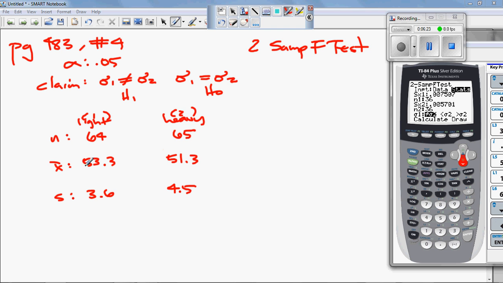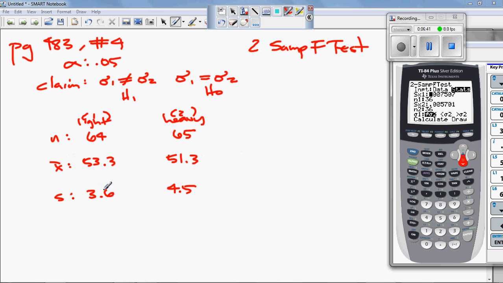Notice the sample mean is not used. We don't need the sample mean to test these claims. All we need is the sample size, both sample sizes, and we need both sample standard deviations. The sample mean, although it's given, we are not using that to test our claim.